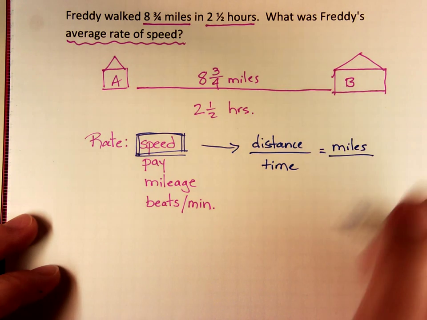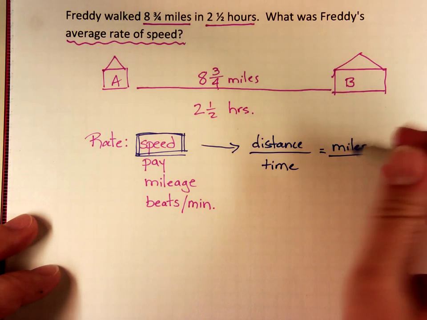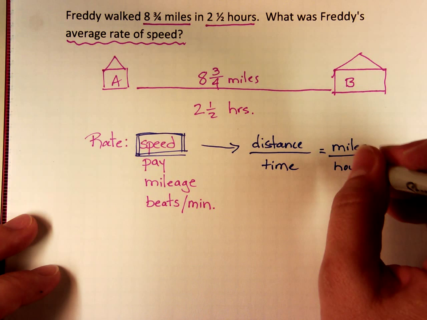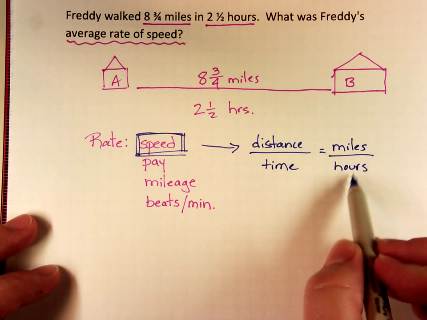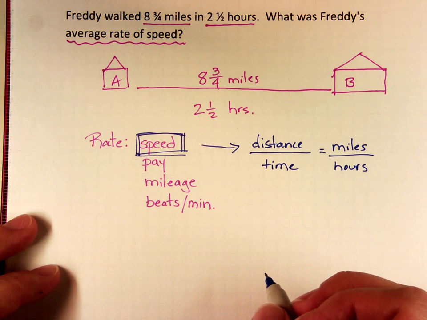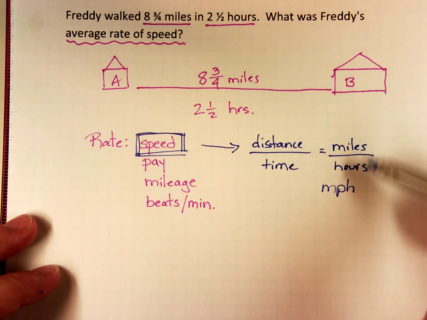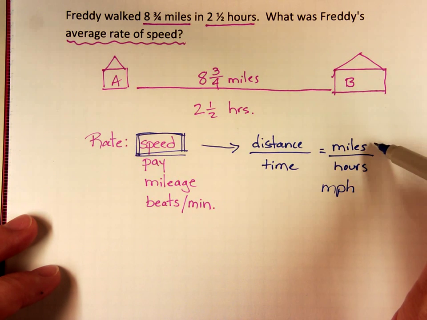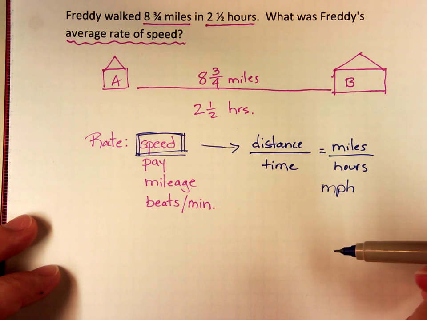And time, again, it could be seconds, it could be hours, it could be days. In this case, it happens to be hours. Do you notice anything special about miles over hours? Miles per hour? That is how we express speed and mileage. So we actually have it the right way. If you had hours on top and miles on the bottom, that wouldn't sound right. Hours per mile. But miles per hour is how we're used to hearing it.